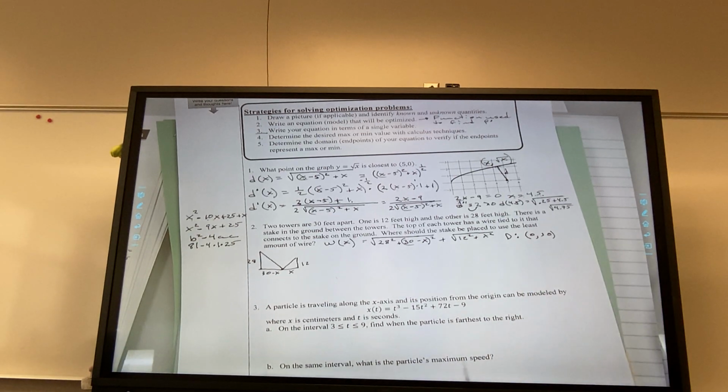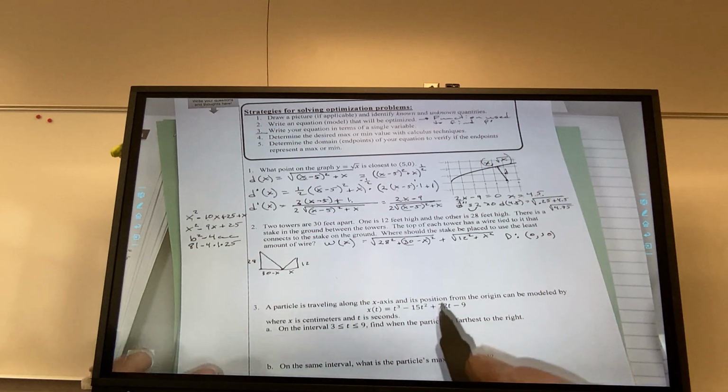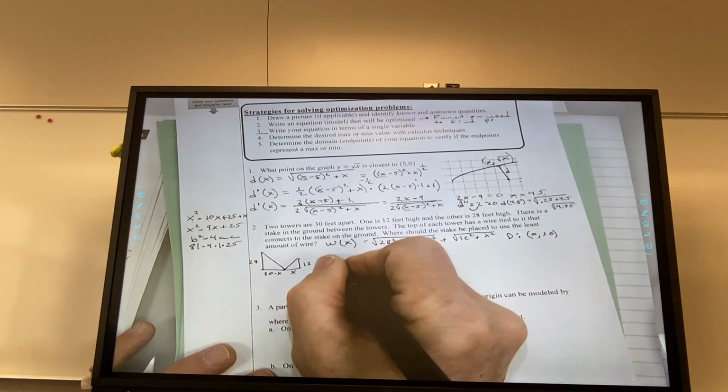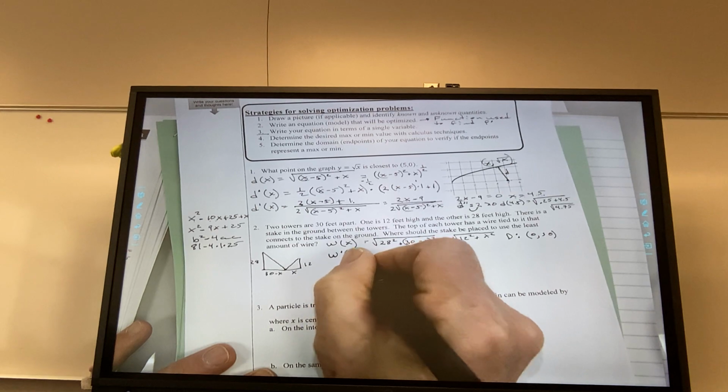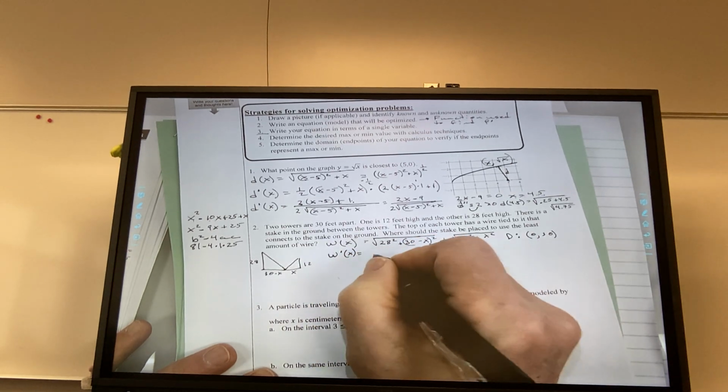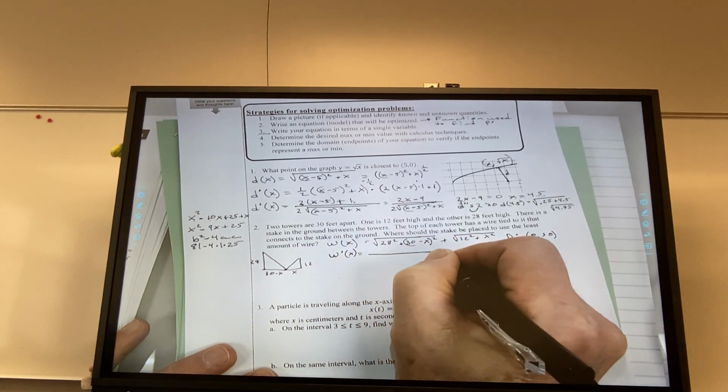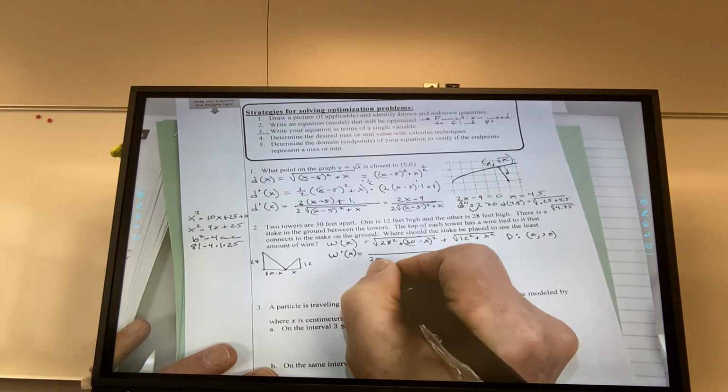All right. So I'm going to take the derivative of this. And down here, I'm going to get this.